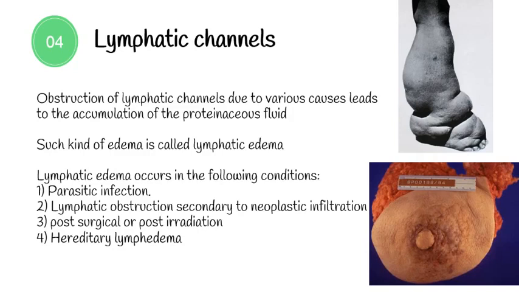Or it might also occur post-surgery and post-irradiation therapy, such as surgical resection of lymphatic channels or scarring after irradiation. And the other one is hereditary lymphedema. And since the lymphatic system normally drains proteinous fluid, its blockage causes non-pitting edema.